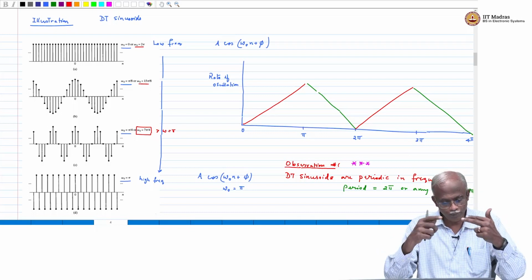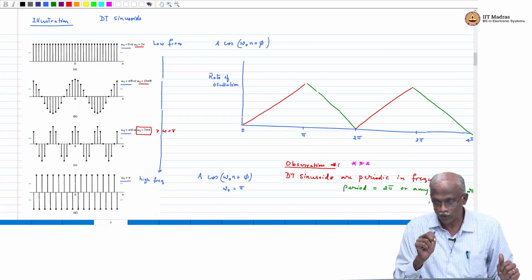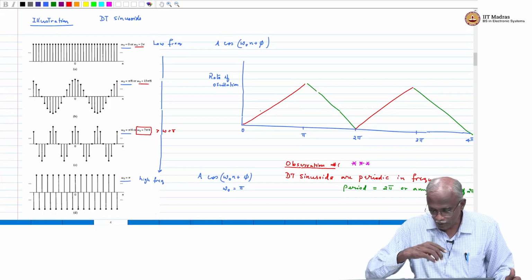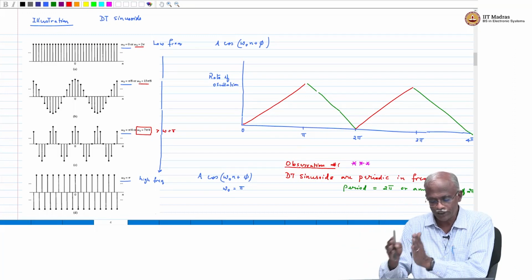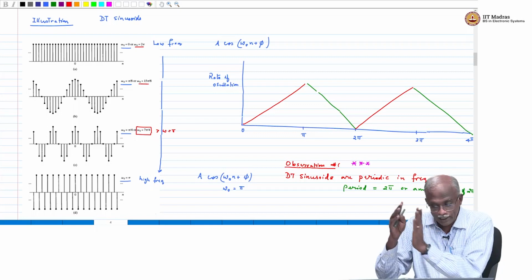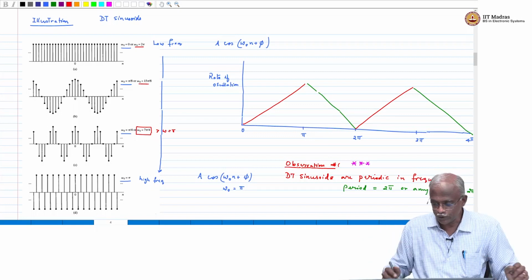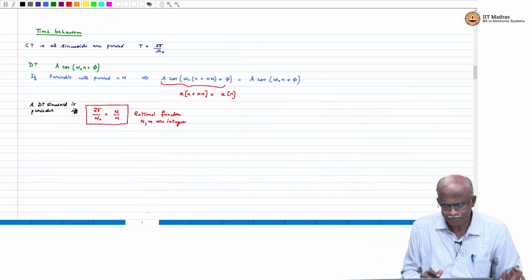Eventually at omega equal to 2 pi, we see that its behavior is the same as omega equal to 0. So we see an increase in rate of oscillation up to pi, then a decrease. So basically this is what we capture by the statement which says that discrete time sinusoids are periodic in frequency with a period equal to 2 pi, and of course any multiple of 2 pi also will satisfy periodicity.